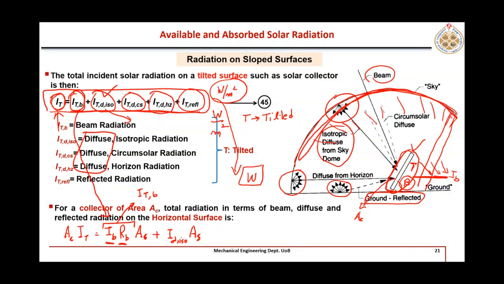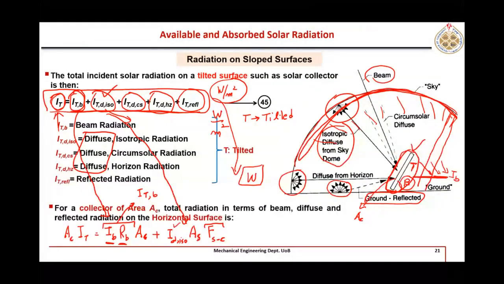So here we define a geometric factor, which is called view factor, represented by F. It means how much of the sky is viewed by that collector. That's a geometric parameter, so I will explain it separately. I have a separate slide to explain this. We use this factor in radiation calculations. So now this term should be clear.